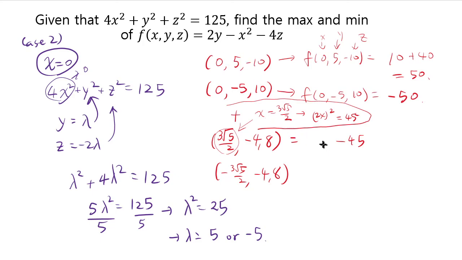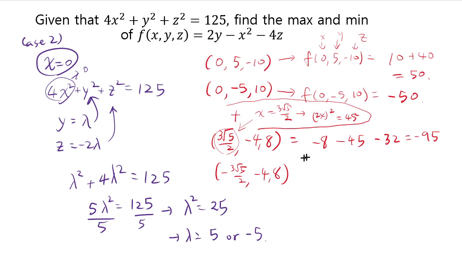Negative 4 times 2 is negative 8. And then 8 times negative 4 gives you negative 32.